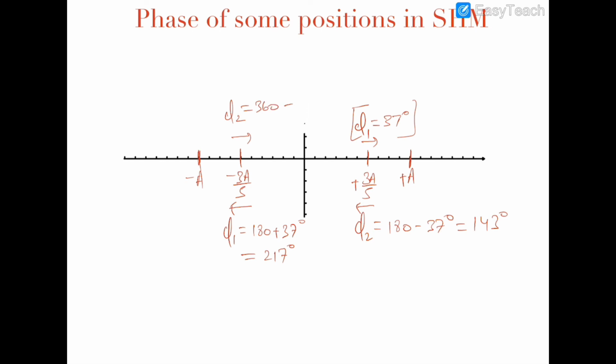Now the short phase will be the phase when the particle has moved from this point to this point. So the change of phase while moving from this point to this point is 37 degree. So the net phase of this position while returning back towards the origin would be 323 degree.